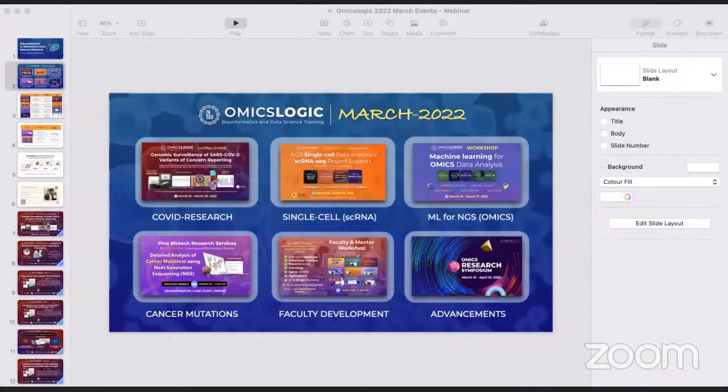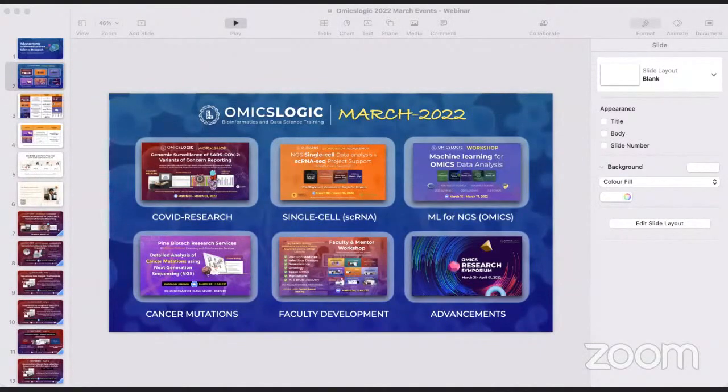And then, the next week, we will be doing NGS single cell data analysis and single cell RNA projects. That would be about demonstrating and looking at some of the projects that are there, as well as some of the research opportunities that one could think of through the publicly available data sets.